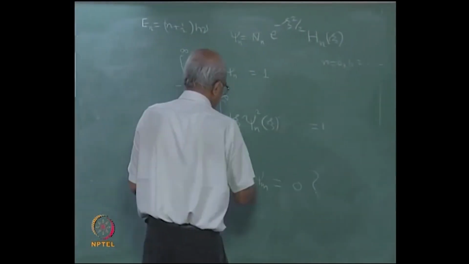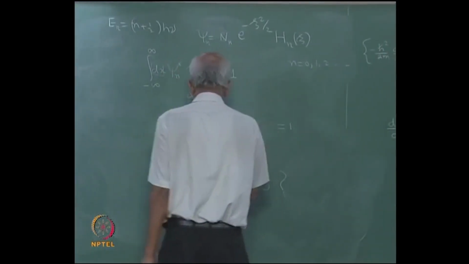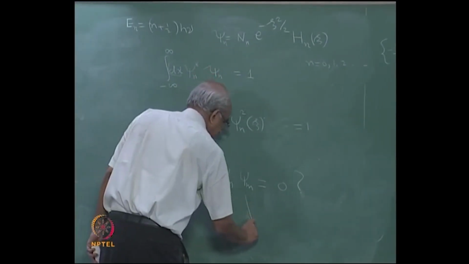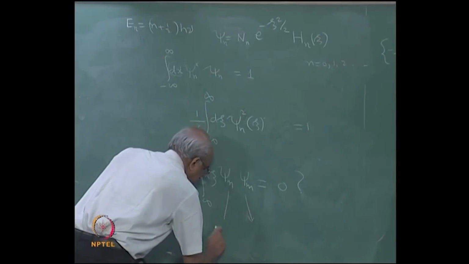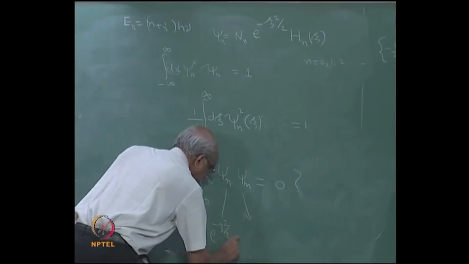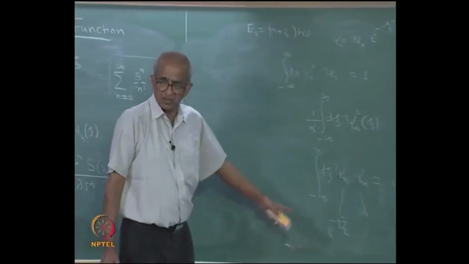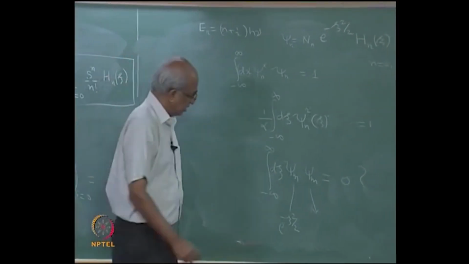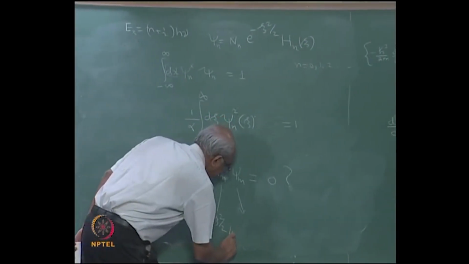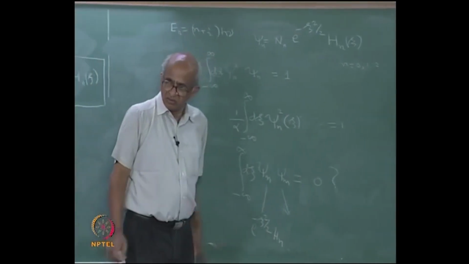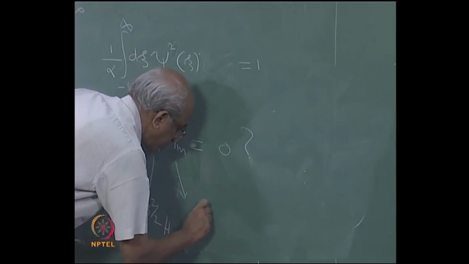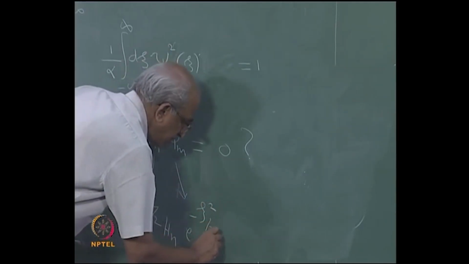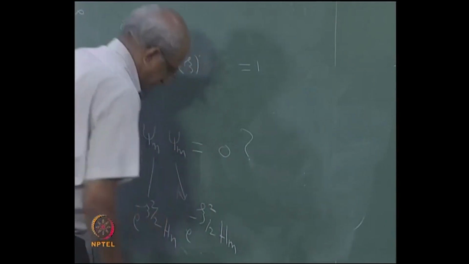So, if you are looking at this expression, you have e to the power of minus c square by 2. Psi n would have e to the power of minus c square by 2 and H n, and this one would have e to the power of minus c square by 2 and H m.